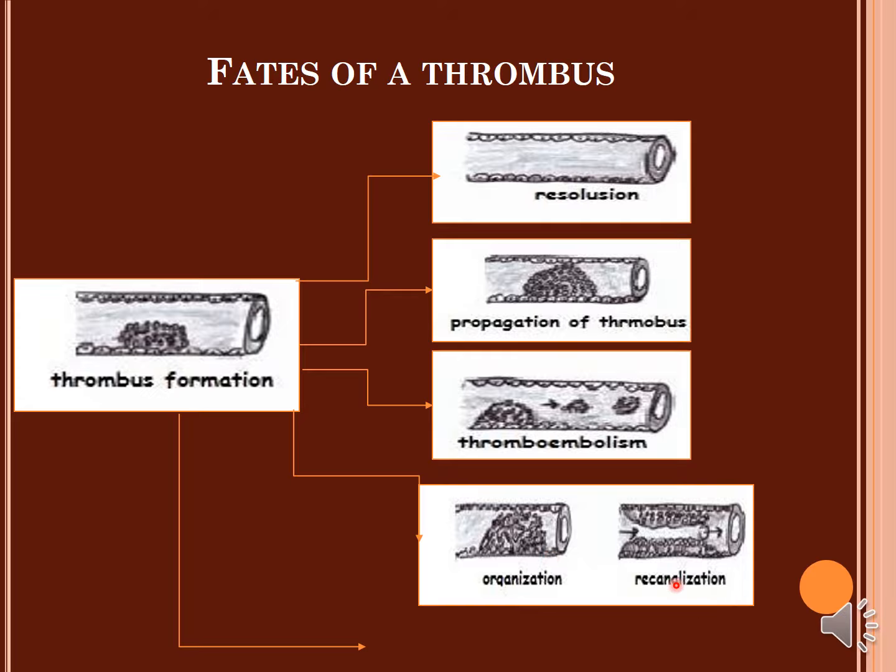And this needs a long time to happen. So this affects chronic thrombi. The word recanalization means that a new channel or a new lumen is developing inside or through the organized thrombus. This will lead to maintenance of a certain amount of blood flow through the affected blood vessel.